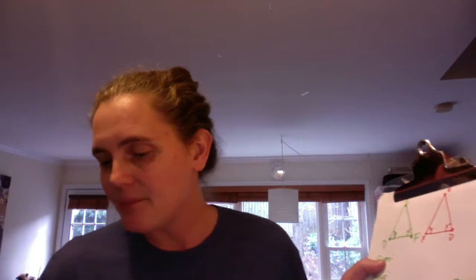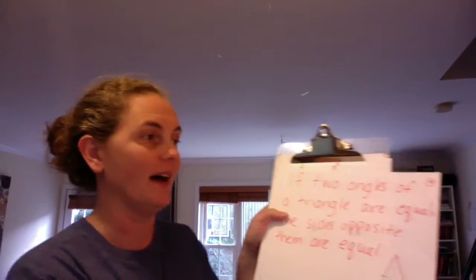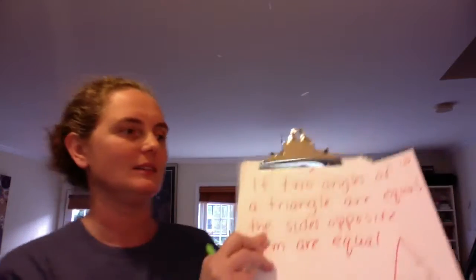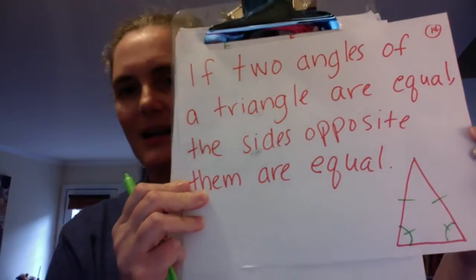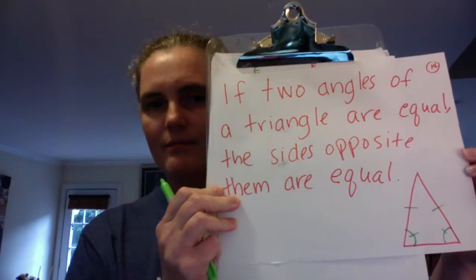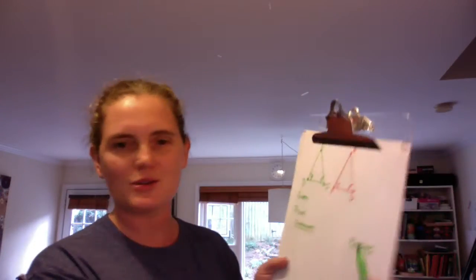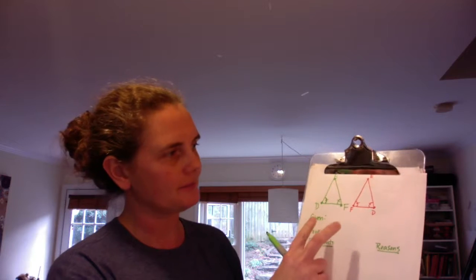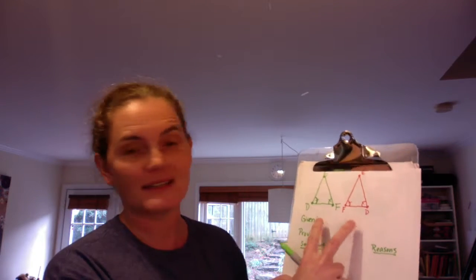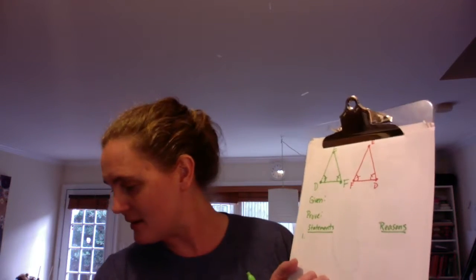Okay, so once again, the theorem is: if two angles of a triangle are equal, the sides opposite them are equal. I've got these two triangles here. I did the same thing.